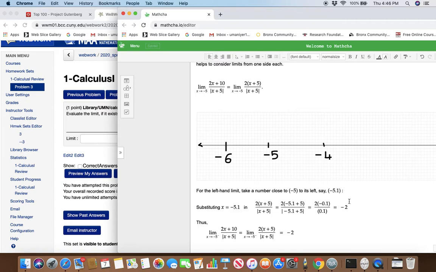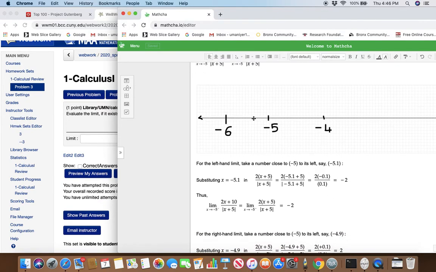So I have a -2 from the top. So that gives me an idea what's going to happen when I approach -5 from the left. It tells me 2x plus 10, that is 2 times x plus 5, over absolute value x plus 5. As x approaches -5 from the left, you see a negative on top, it is going to be -2.